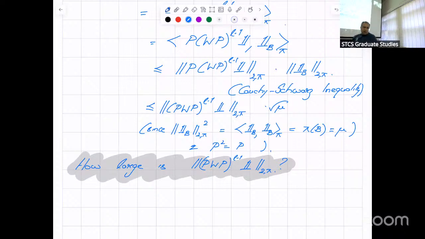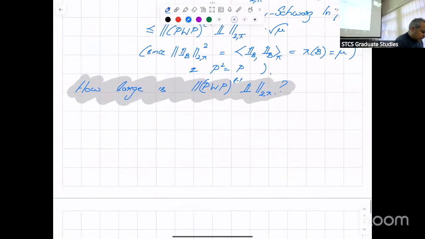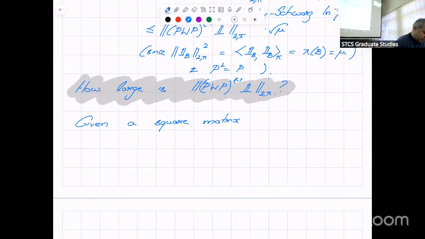Through this, we will ask the following question. Given a square matrix, we'll define the norm of the square matrix to be how large it becomes when the matrix hits a vector. So it's basically the max over all x which are not zero of the norm of Mx divided by the norm of x.